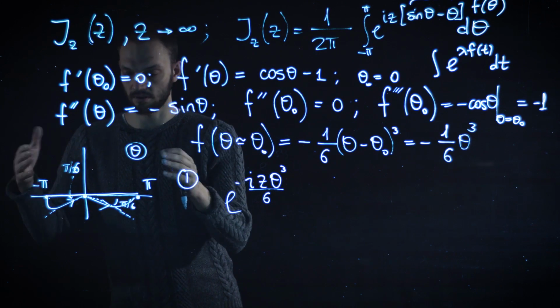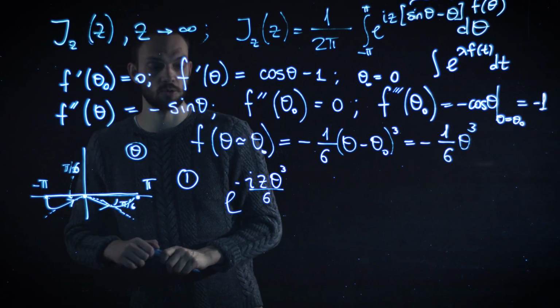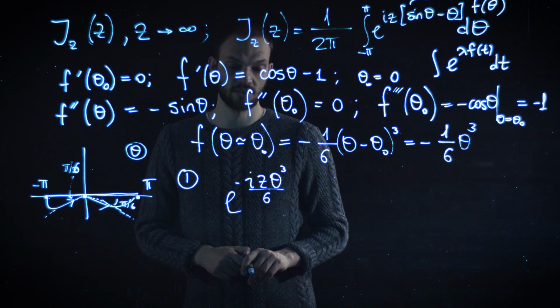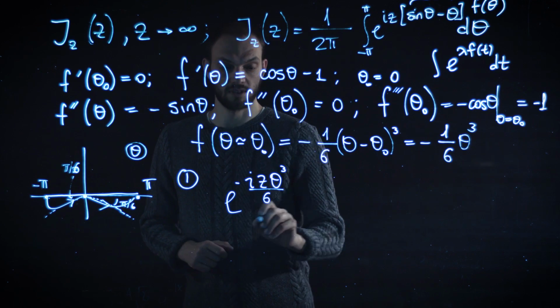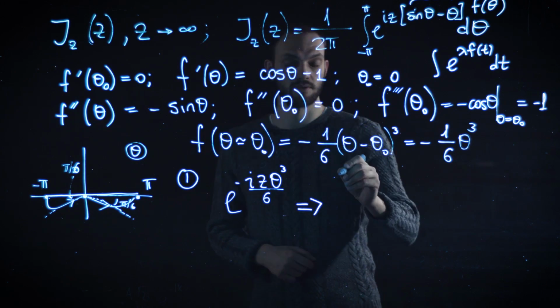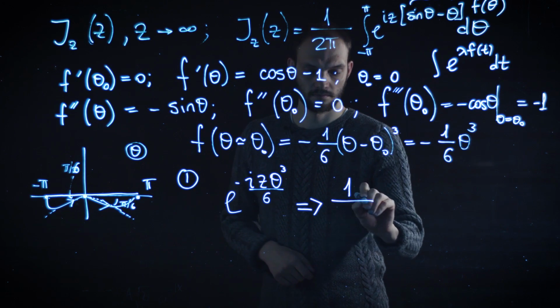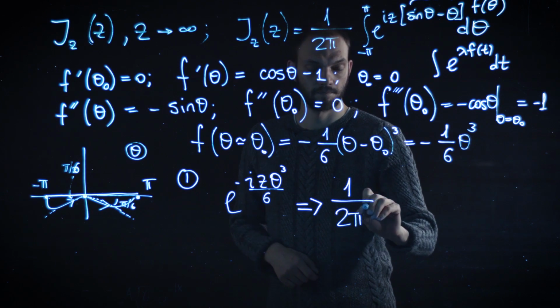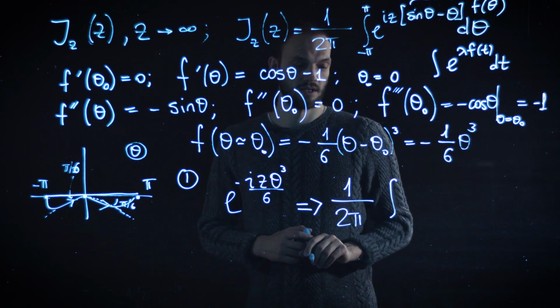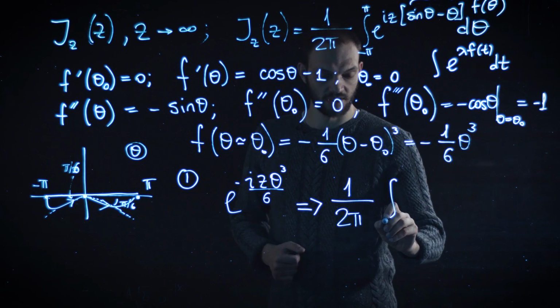So let us now postpone the estimation of the contributions of the endpoints and evaluate the integral in the vicinity of the stationary phase point. We need to take this expression and substitute it into our original integral. As usual, we may safely extend the integration limits to infinity.